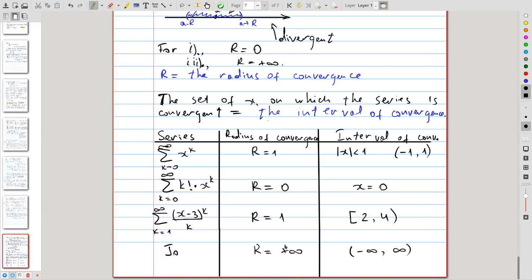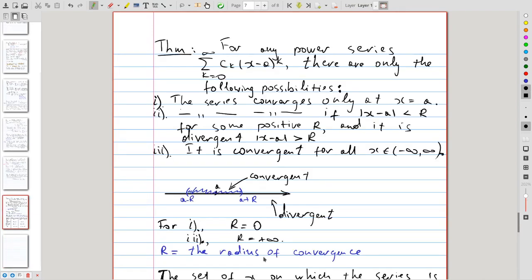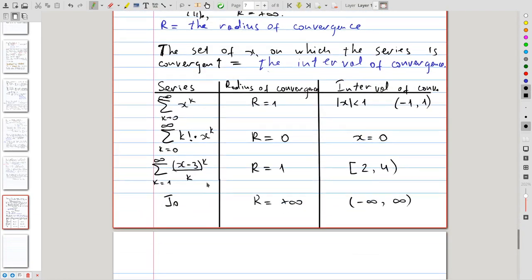Now, there remains one other example in which the power series was equal to a polynomial. So I leave it as an exercise for you to determine the radius of convergence and the interval of convergence for that one series.